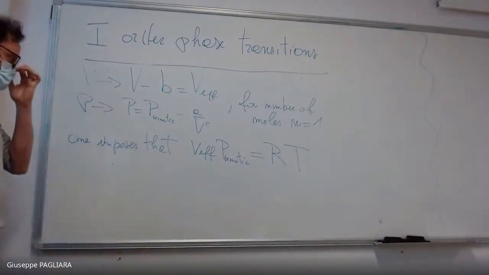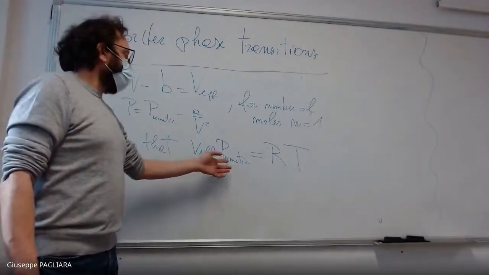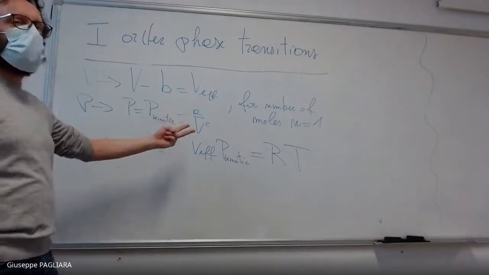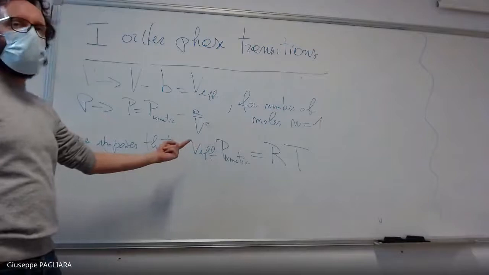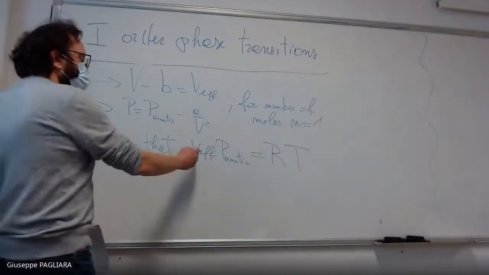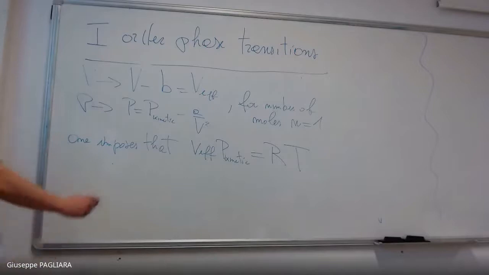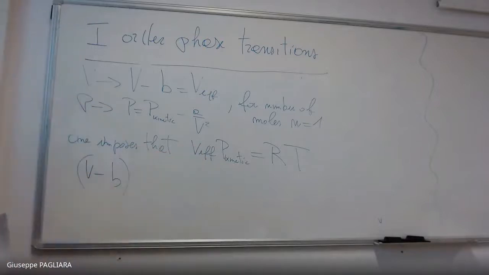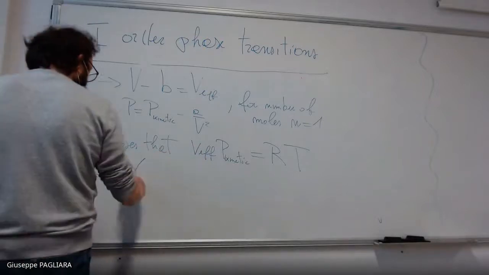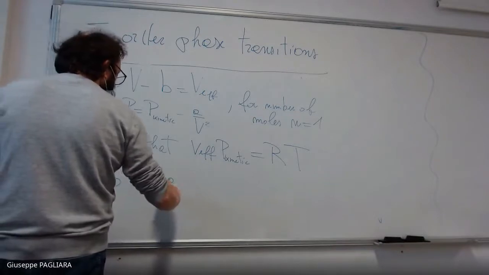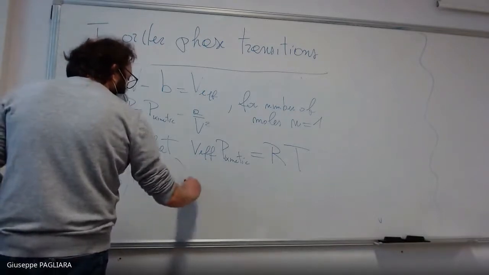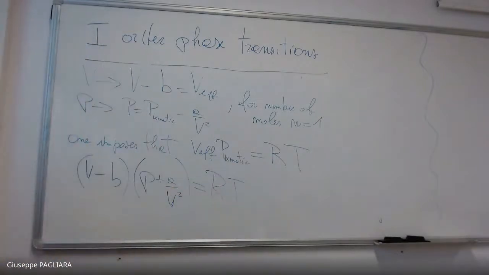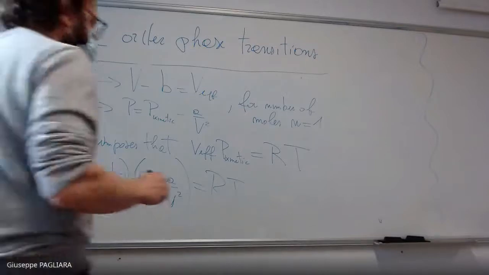This must be in this way, in the sense that then if we switch off the potential, we should recover the ideal gas equation of state. Okay. Now, to write it more explicitly, what we have there is that V minus B, which is the effective volume, times P plus A divided by V squared is equal to RT. Okay. Now, this is the equation of state of van der Waals.